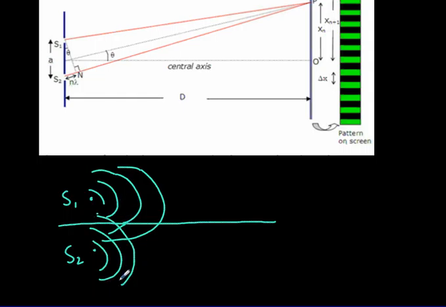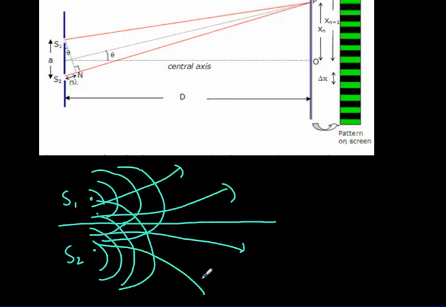And of course, they're going to start overlapping one another and causing these interference patterns, which we study. You can see this in something like a ripple tank from above, no problem. You can see where the nodes and antinodes are.